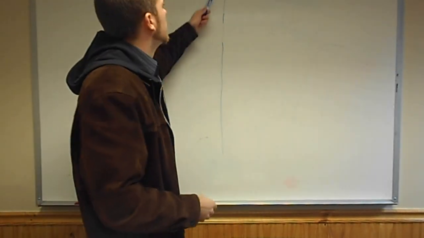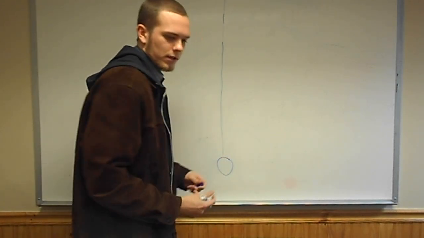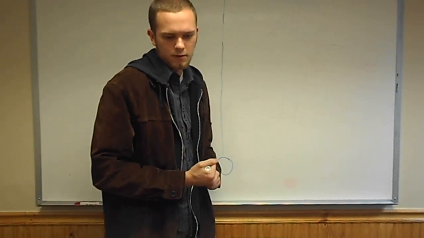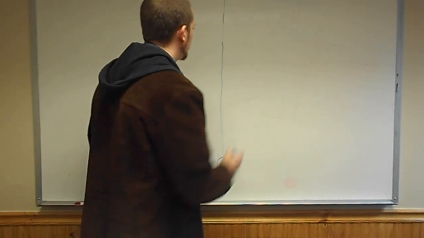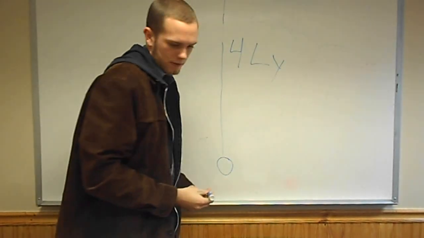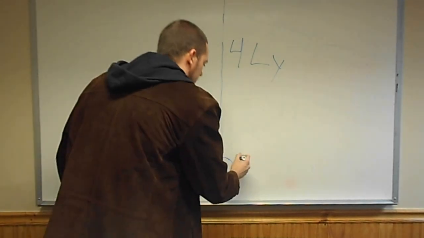So here we have the Earth, and over here we have Alpha Centauri. It's the closest star to Earth. Now, it's about 4 light years away. And the star is about 10 to the 8th meters across.